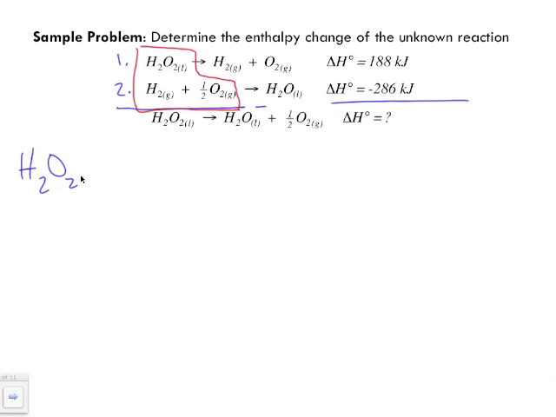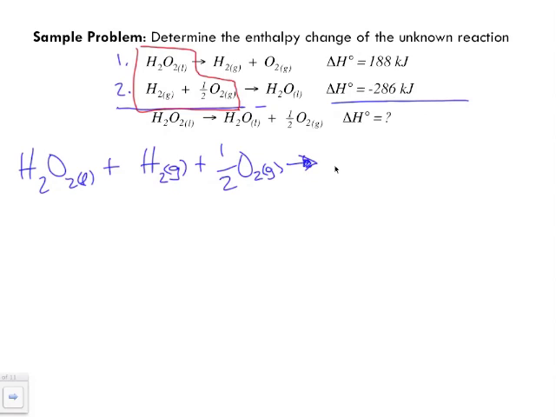H2O2 liquid plus hydrogen gas plus half a mole of oxygen gas is going to react.